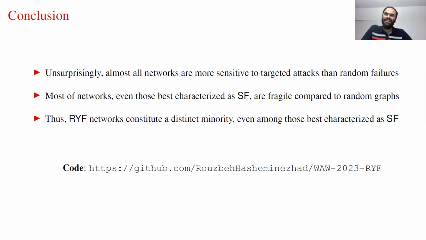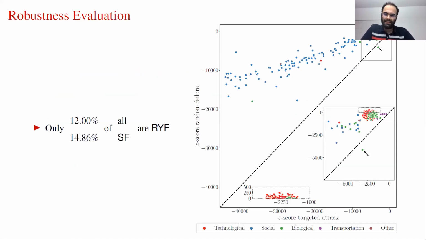Perhaps the most interesting pattern that we could find was that the social networks, which actually are the most fragile in our collection against both random failures and targeted attacks, are very hierarchical.